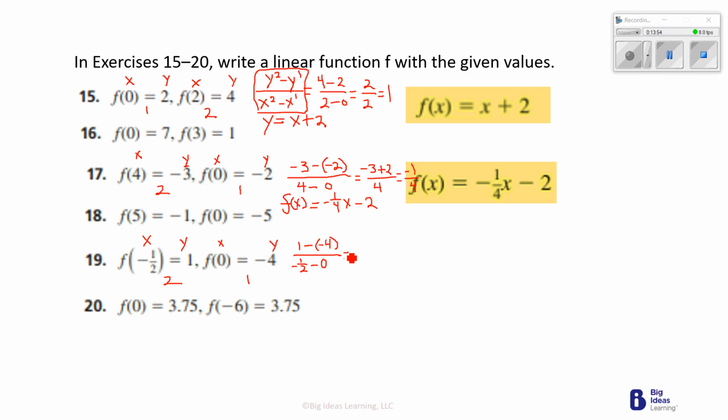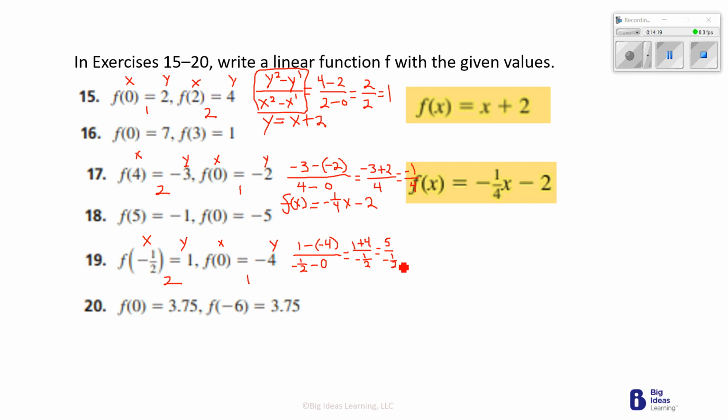This is going to give us 1 plus 4 over, well, this is still going to be negative 1/2. When I solve this, 1 plus 4 is 5, and then we still have a negative 1/2 here. I know what you're thinking, how on earth do we do this?